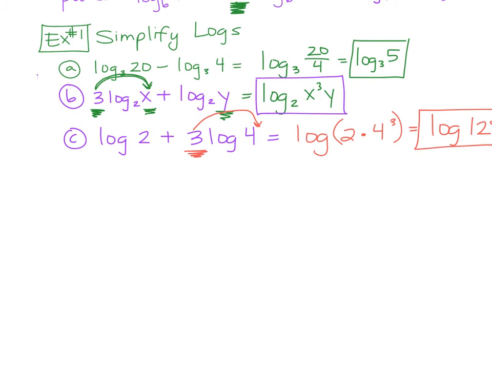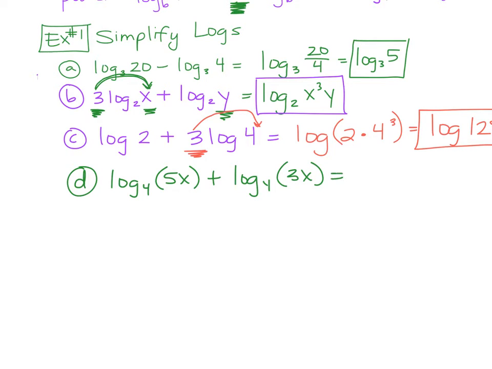Okay. Letter D. We have log base 4 of 5x plus log base 4 of 3x. Okay, so think properties. We're adding. What do we need to do?